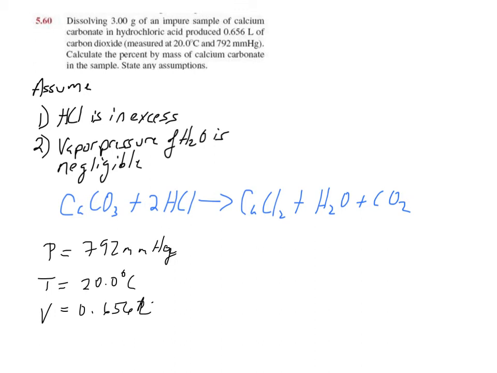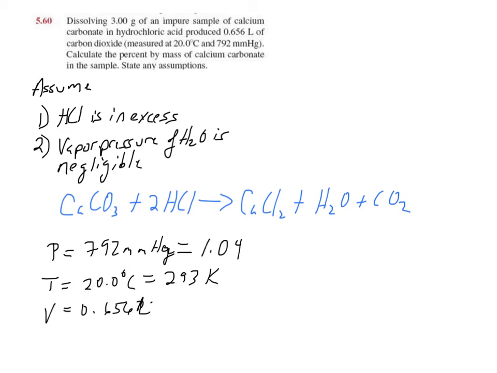So let's convert these into our standard units. So this is 293 Kelvin, and we have for the pressure 1.04 atmospheres. So we're looking for n, so PV over RT is equal to n.